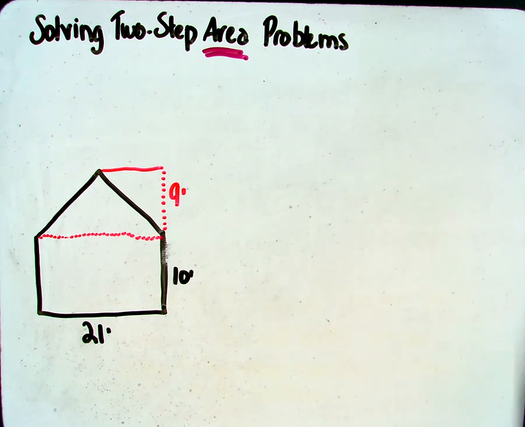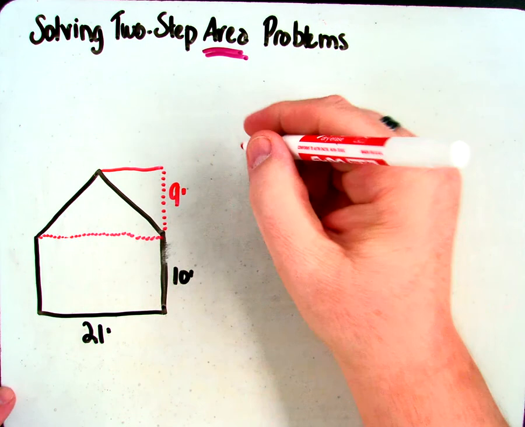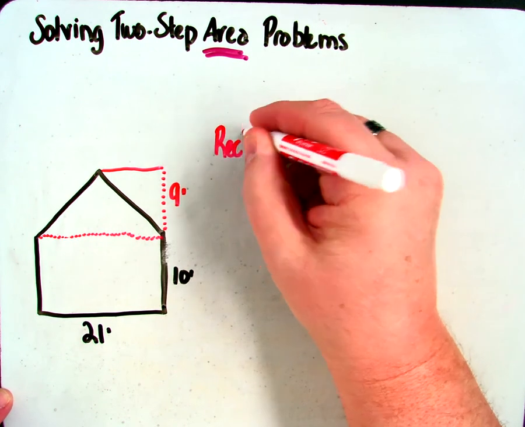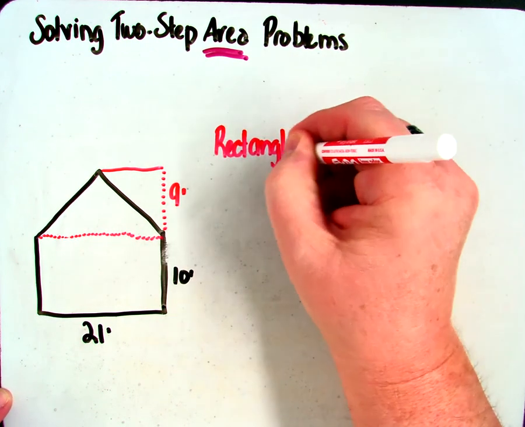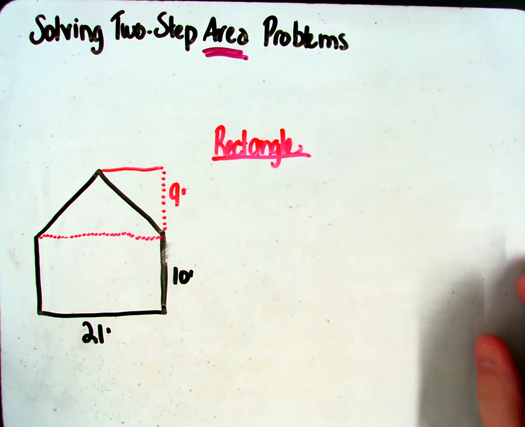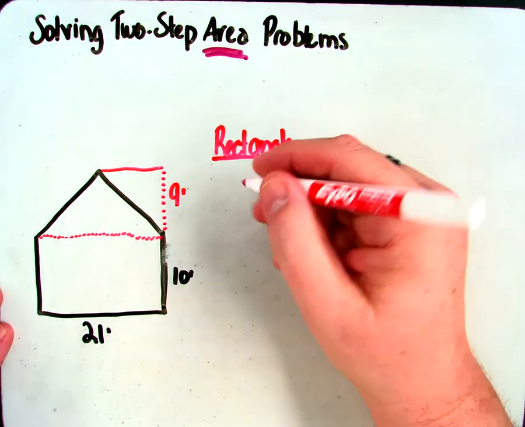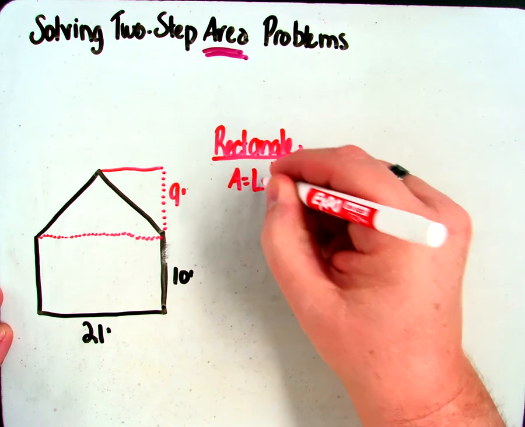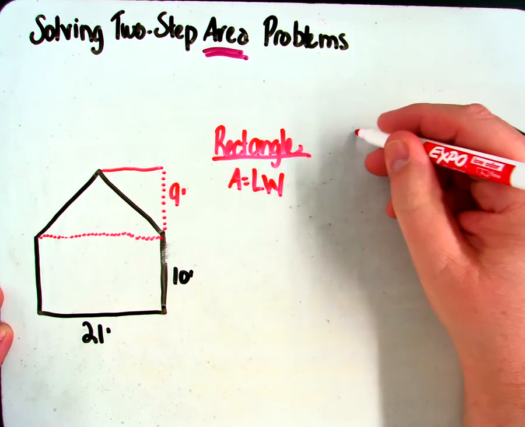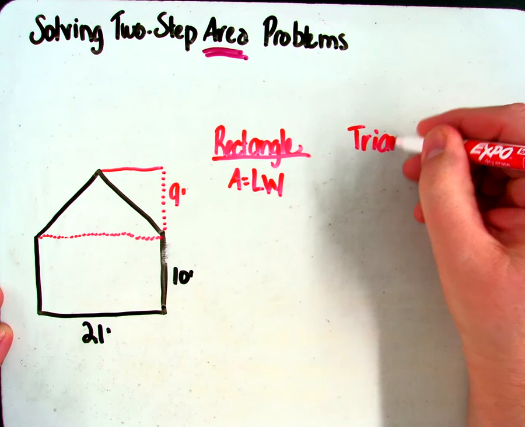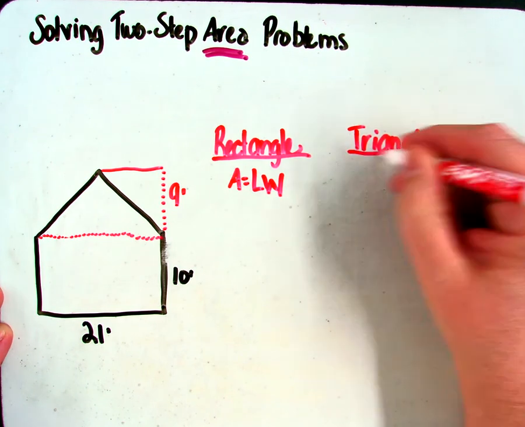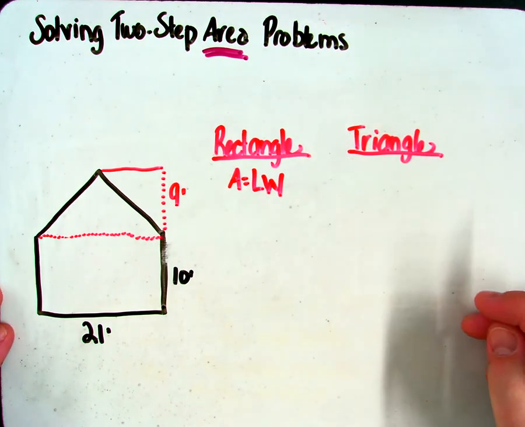Now, if we're looking at the rectangle, the formula to find the area of a rectangle is what? Yes, it is length times width. What is the formula to compute the area of a triangle?